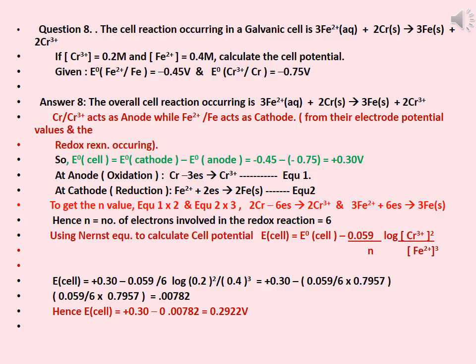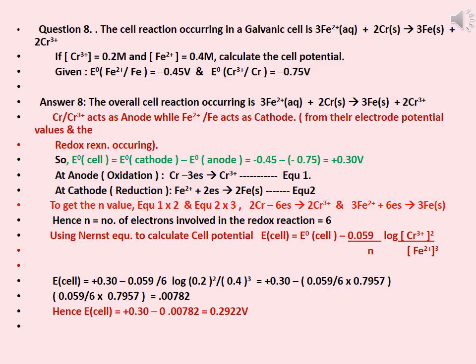So the chromium electrode would act as anode while Fe2+ bar Fe will act as cathode. This is from the redox reaction occurring and also from the E naught electrode potential values. So E naught cell is equal to E naught cathode minus E naught anode, which is minus 0.45 minus of minus 0.75, which is equal to plus 0.30 volt.